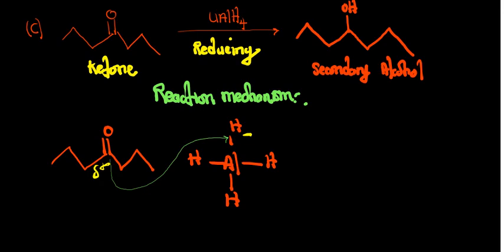Our end product is going to maintain the structure: one, two, three. In fact, the attack is coming from there, because this is what is more negative, going that side.